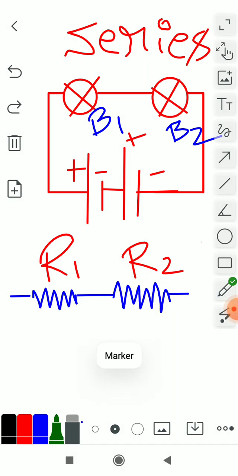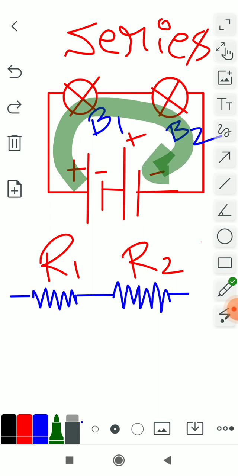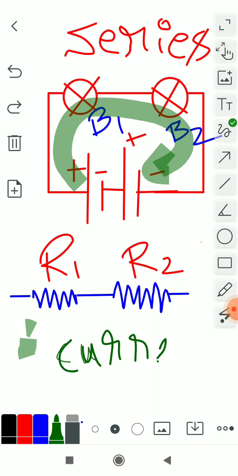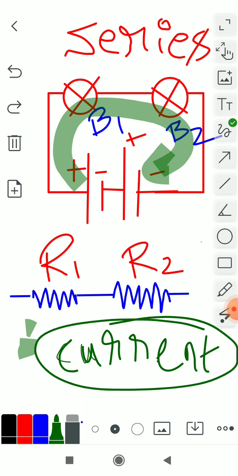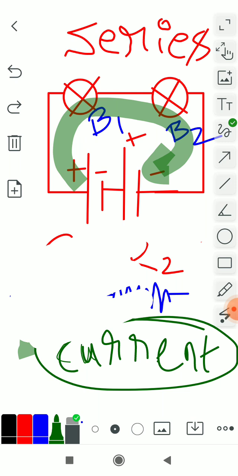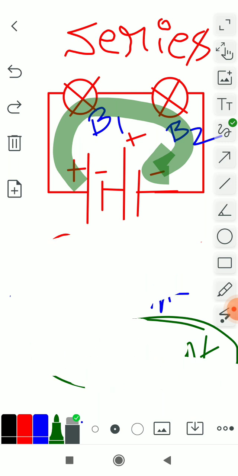That means in a series circuit, the current is the same for the whole circuit. The first point is that in a series circuit, current will be the same throughout the path. In a series circuit, which thing will remain constant? Current.